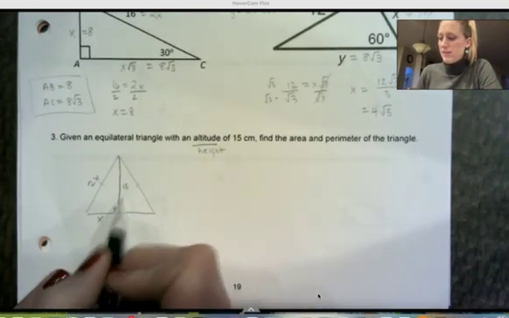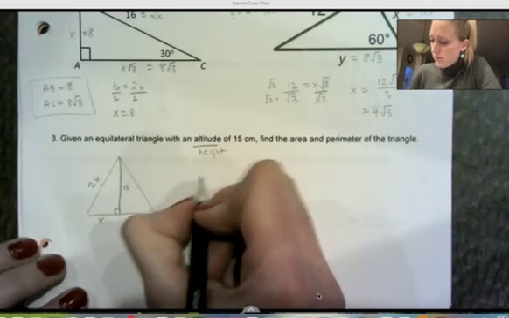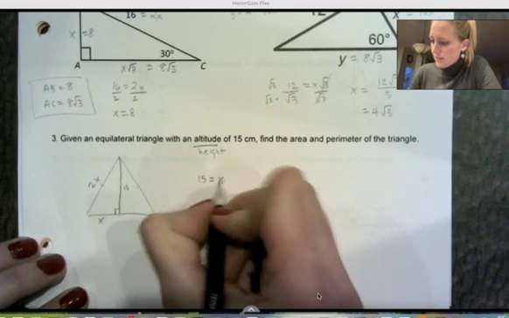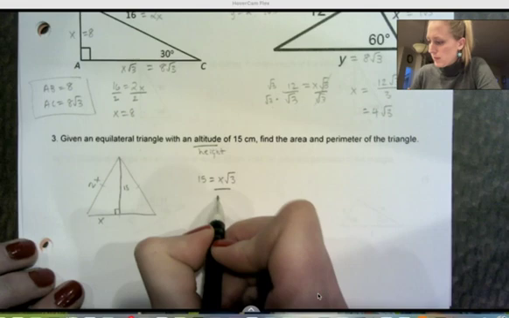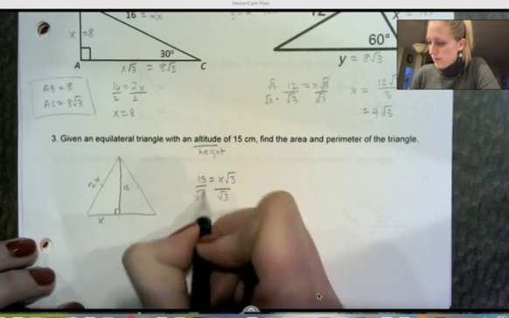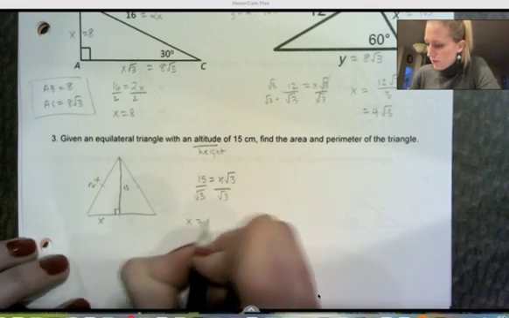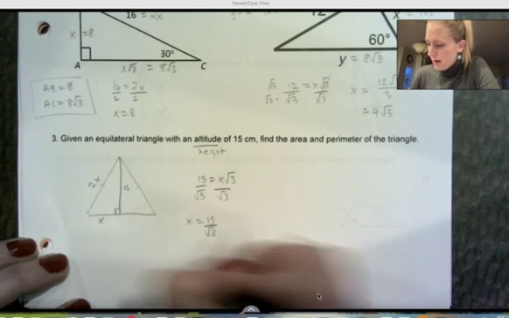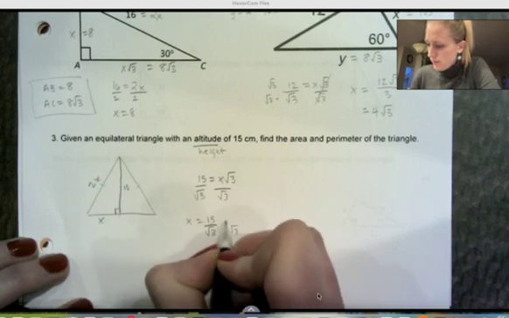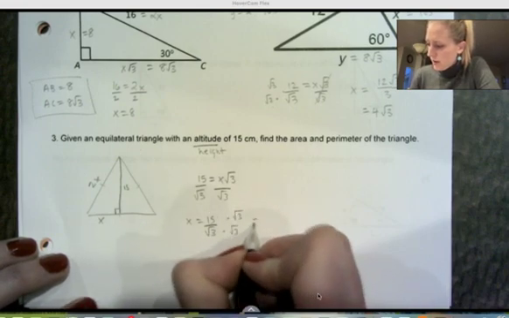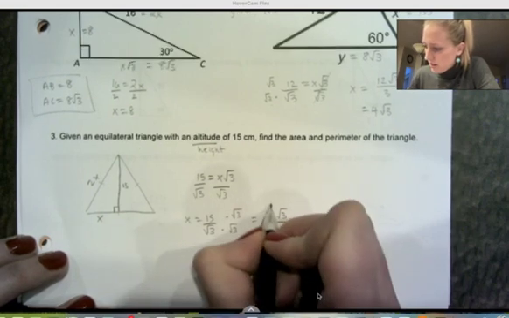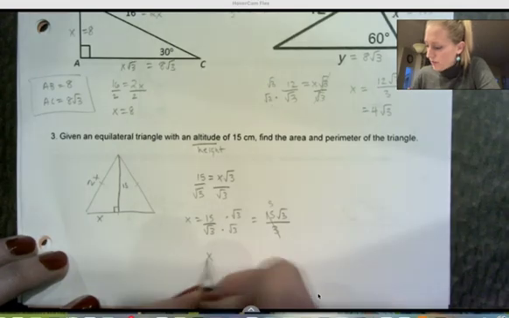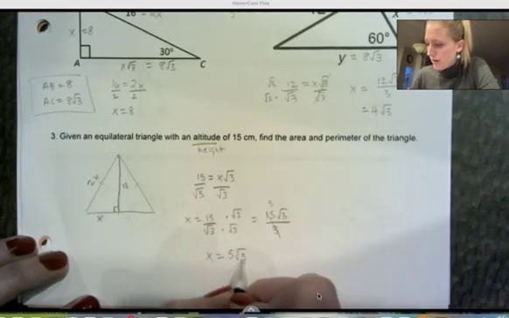To find this, 15 is equal to x times the square root of 3. Just like the previous problem, we're going to get x by itself, divide by root 3. So I have x equals 15 over root 3, but we're going to rationalize. So I get 15 root 3 over 3. 15 divided by 3 is 5, so x is equal to 5 root 3.